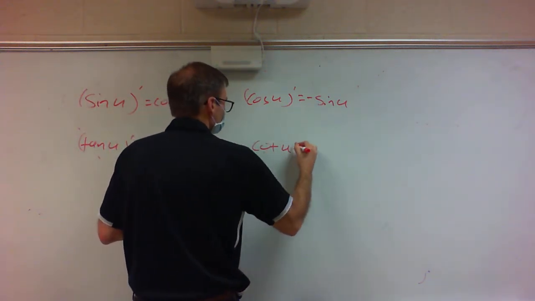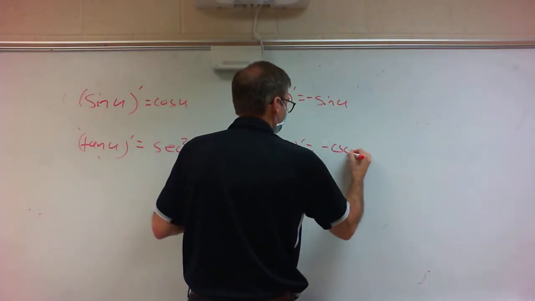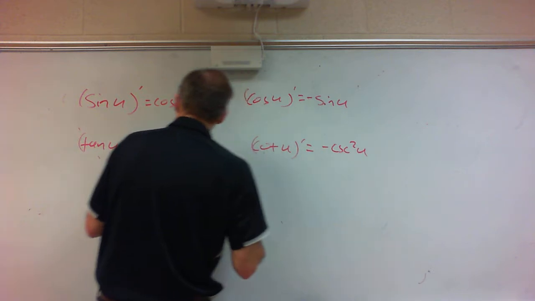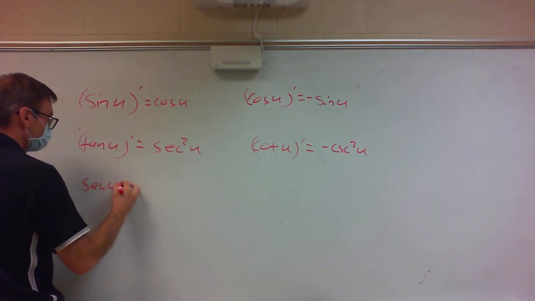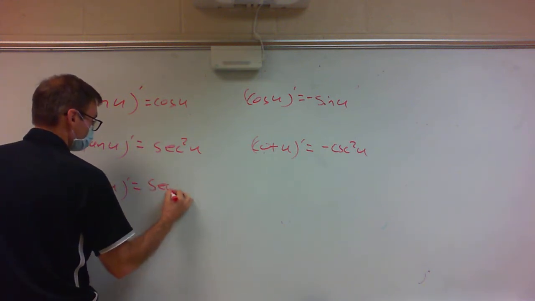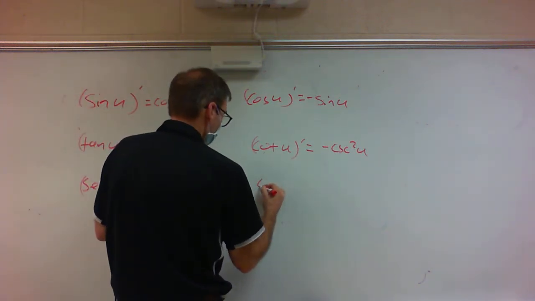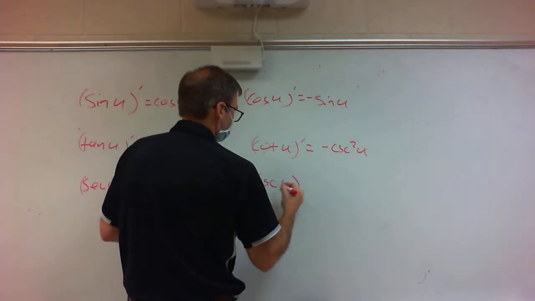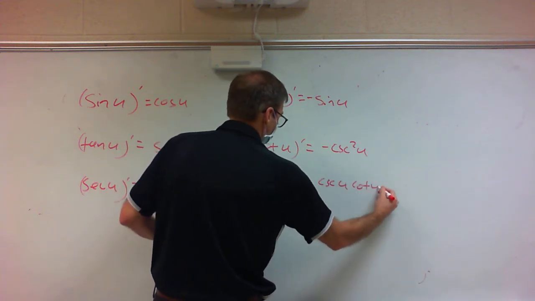The derivative of cotangent is equal to negative cosecant squared. The derivative of secant is equal to secant tangent, and the derivative of cosecant is equal to cosecant cotangent.